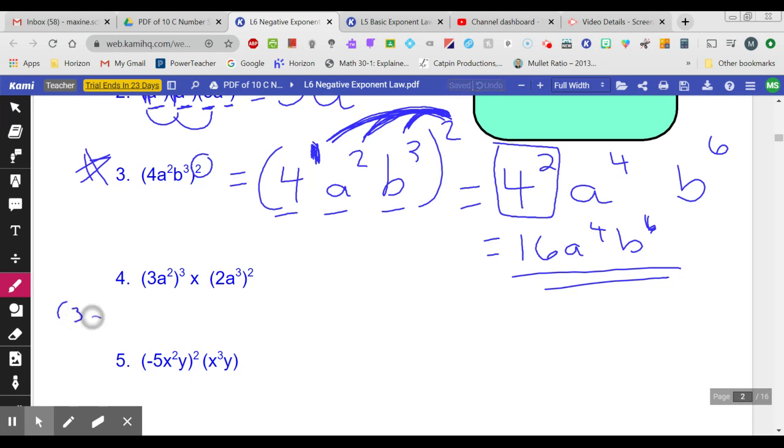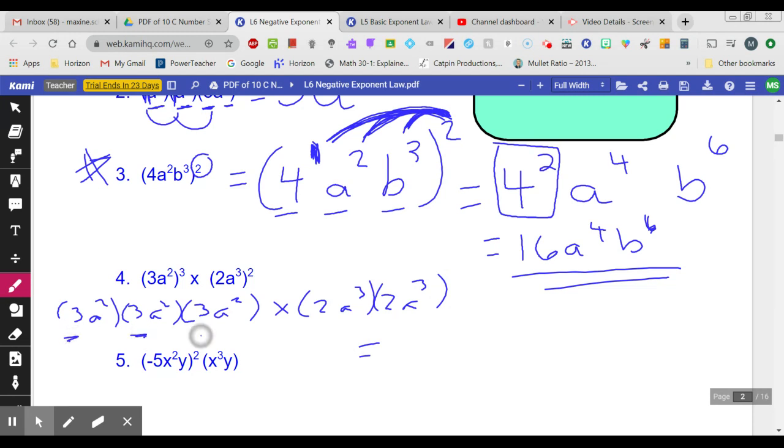So 3a squared, 3a squared, 3a squared times 2a cubed, squared means write it out twice. So now you've got 3 times 3 times 3, which is 27, times 2 times 2. So if you need to use your calculator, that gives you out 108.